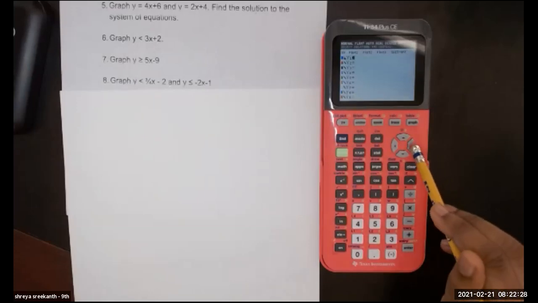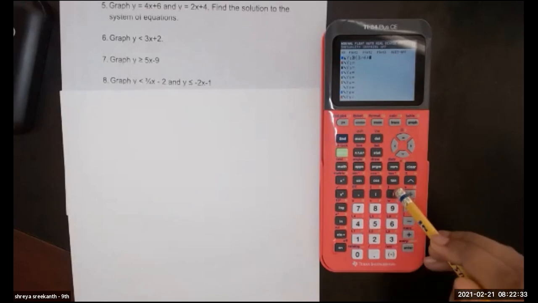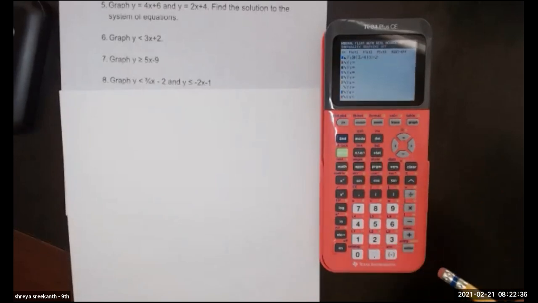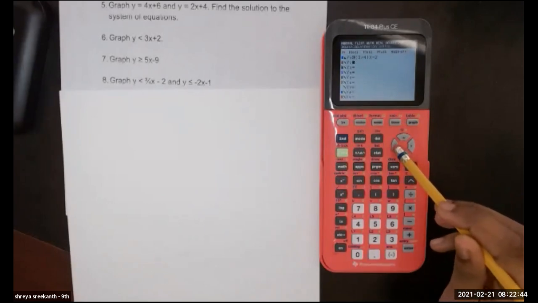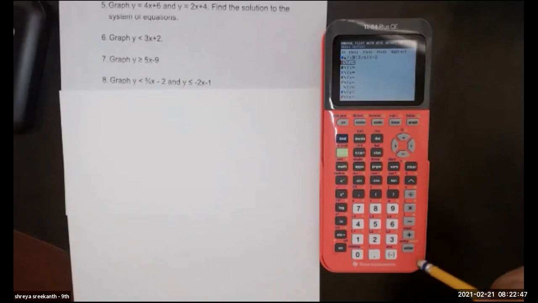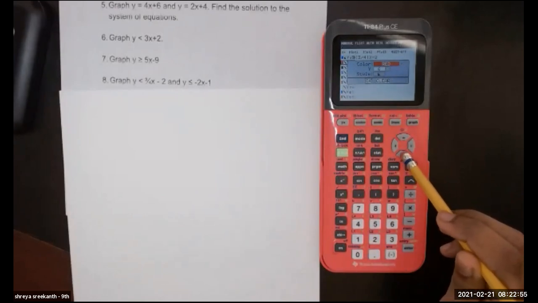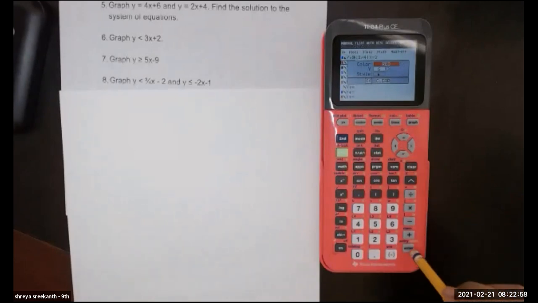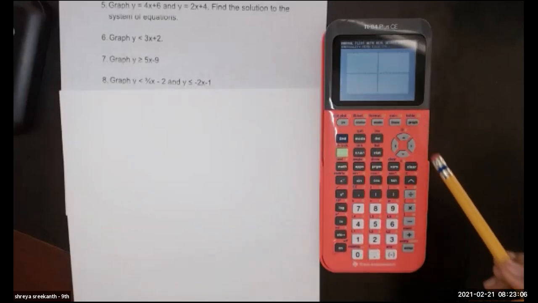Then you type in 3/4 x minus 2. I just put it in parentheses because it's a fraction. Then on a separate line, we have to get the less than or equal to symbol. So we highlight the entire box, go down, and get the less than or equal to symbol. Enter, and we type in negative 2x minus 1. And then we graph that.